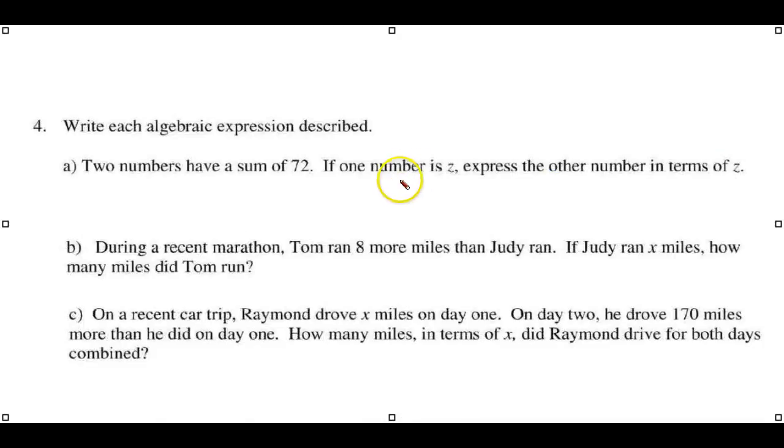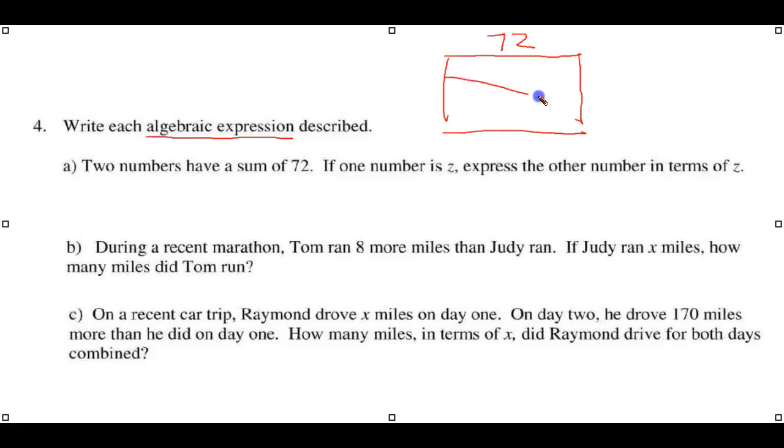And later in the chapter, we do lots of word problems where we have to convert English into algebraic expressions. So a little background for letter A is, if we have a total of, let's say, a box that contains 72 items, and we want to divide that into 2 parts, how would we go about it?